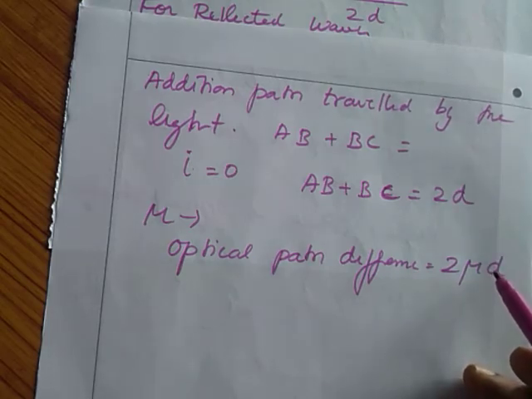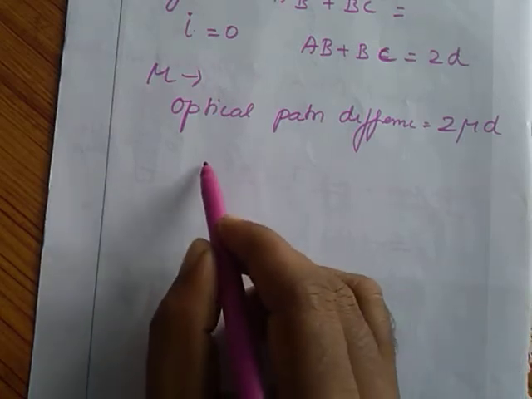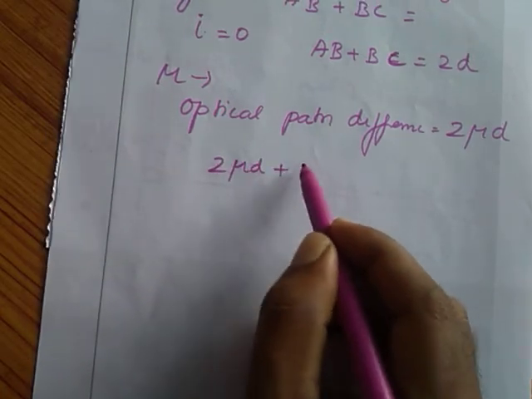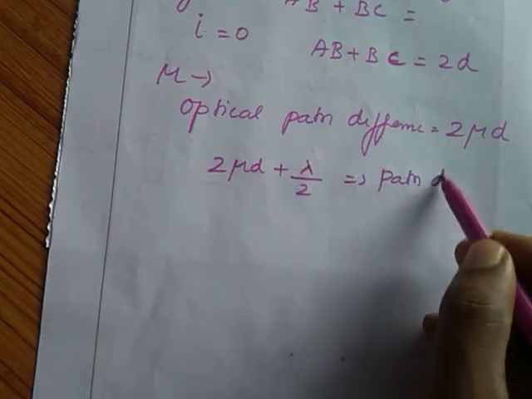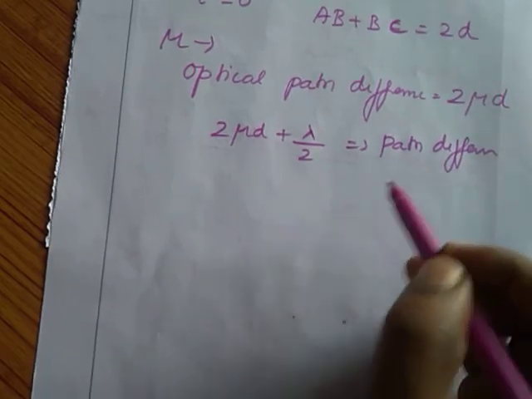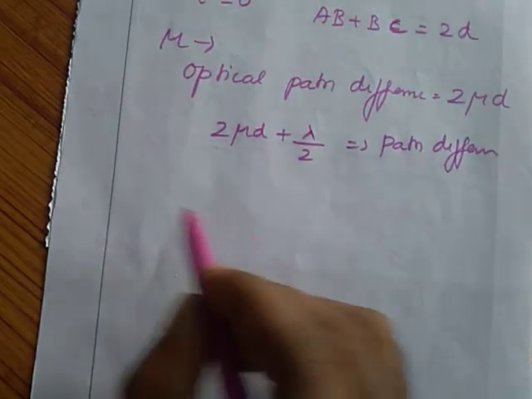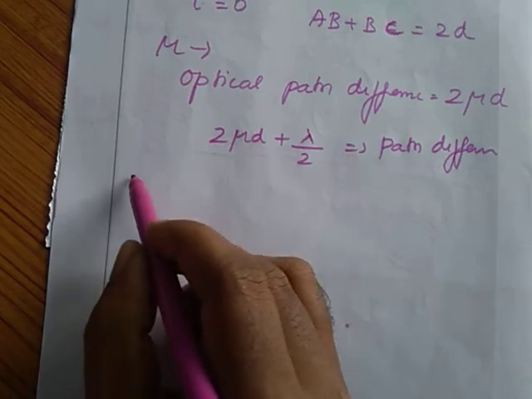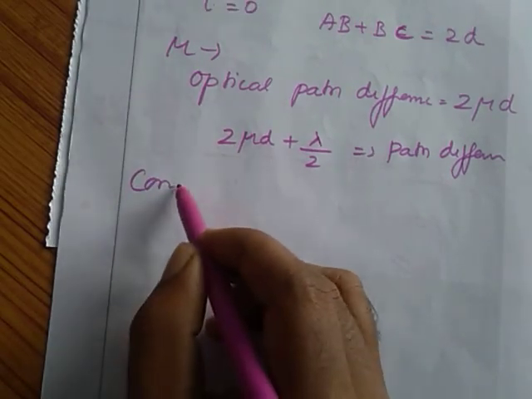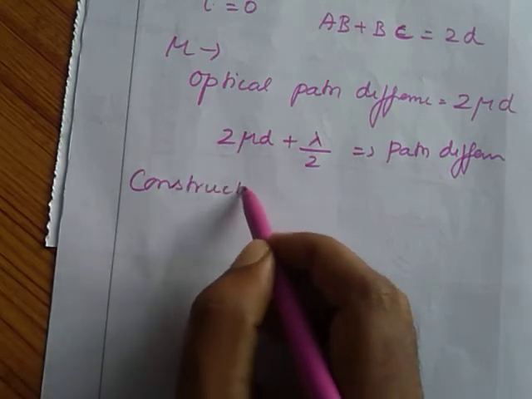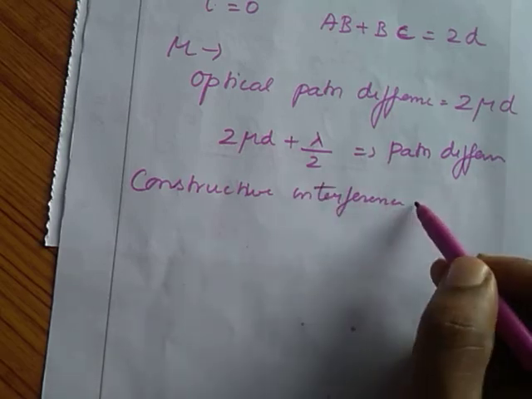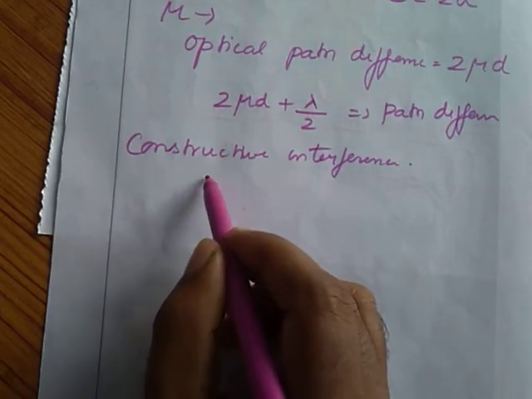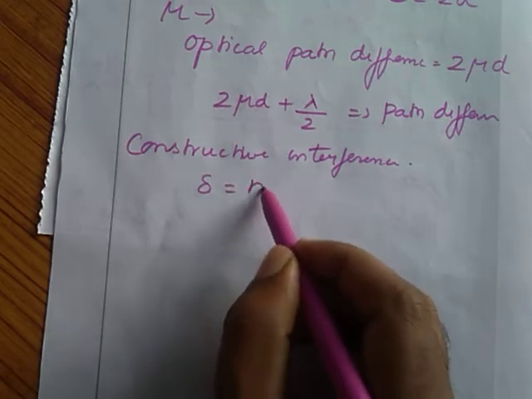Now, in general the path difference is 2 mu d plus lambda by 2, because of the phase change there. What are we going to do with this? Suppose constructive interference takes place. Then we know delta, the path difference, is equal to n lambda.